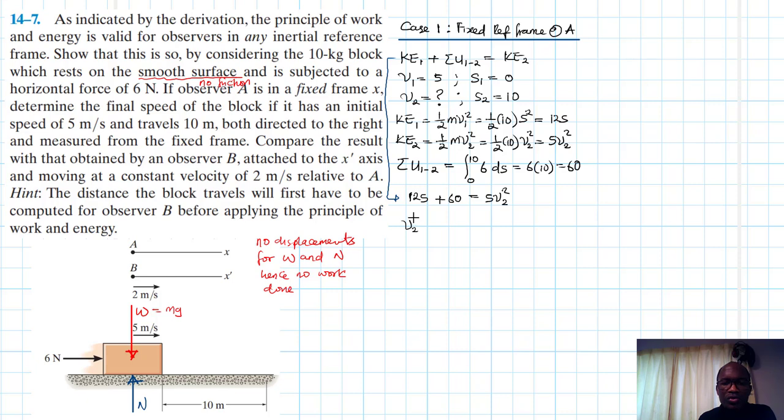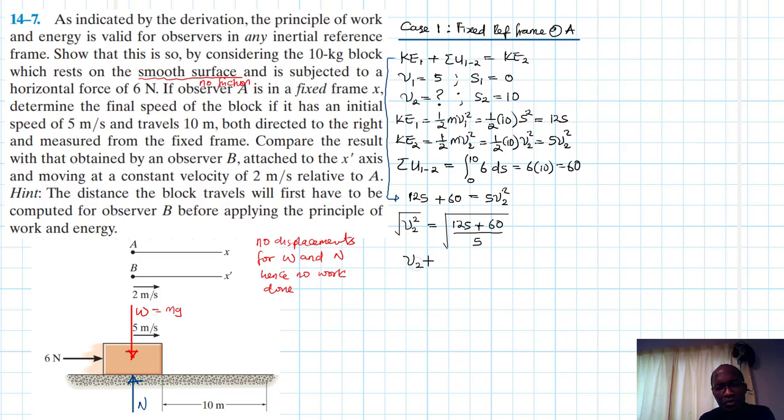Therefore, our V2 squared is just going to be equal to 125 plus 60 divided by 5, and we take the square root of both sides.